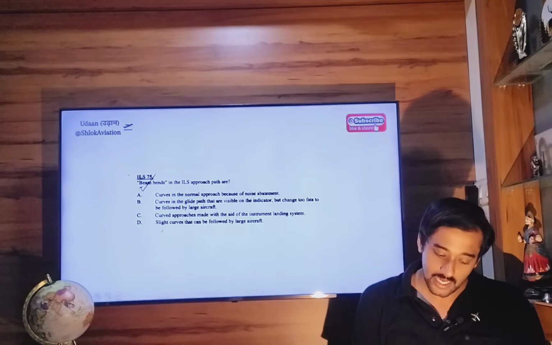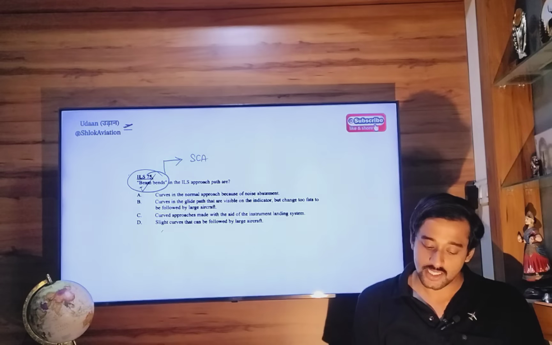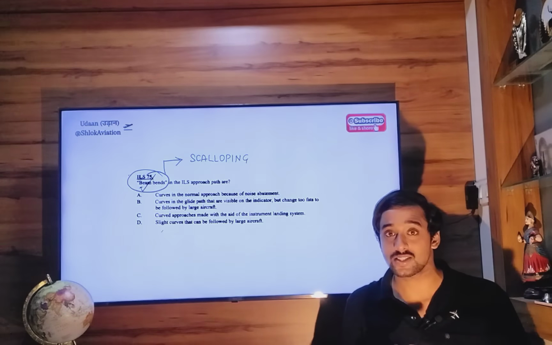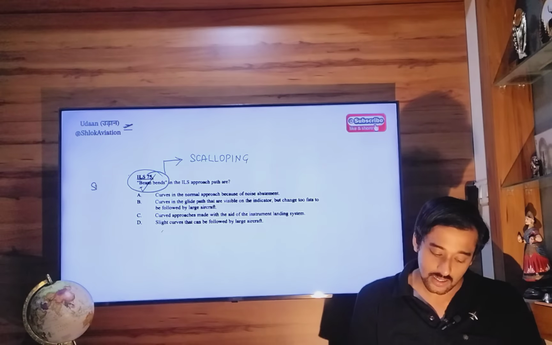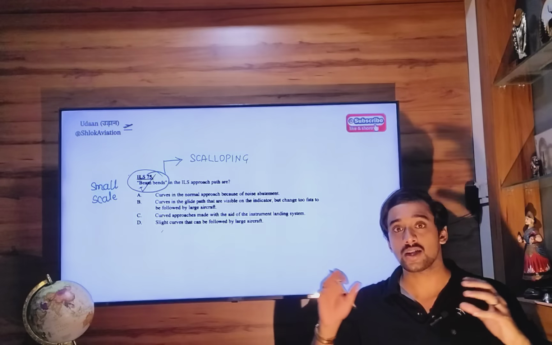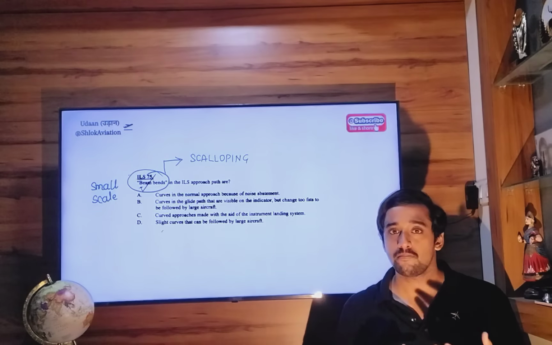Next. Beam bends. Now beam bends are nothing but scalloping, which is the bending of ILS signals around objects, obstructions, buildings, mountains. But beam bends is scalloping on a small scale. Scalloping happens on a large scale. And when this bending of signals happens on a small scale, we call it beam bends.